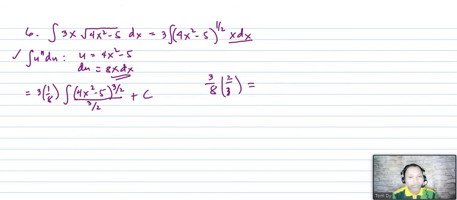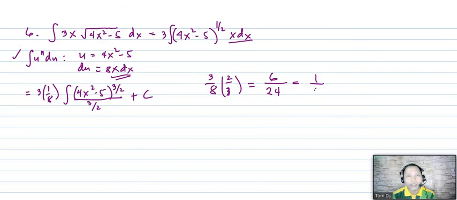So that is equivalent to 3 times 2, that is 6 over, we will reduce this one to lowest term. Or later on, you can reduce it to lowest term. 3 times 2, 6, 8 times 3, 24. Now, to reduce this one to lowest term, they are both divisible by 6. 6 divided by 6, that is 1. 24 divided by 6, that is 4.